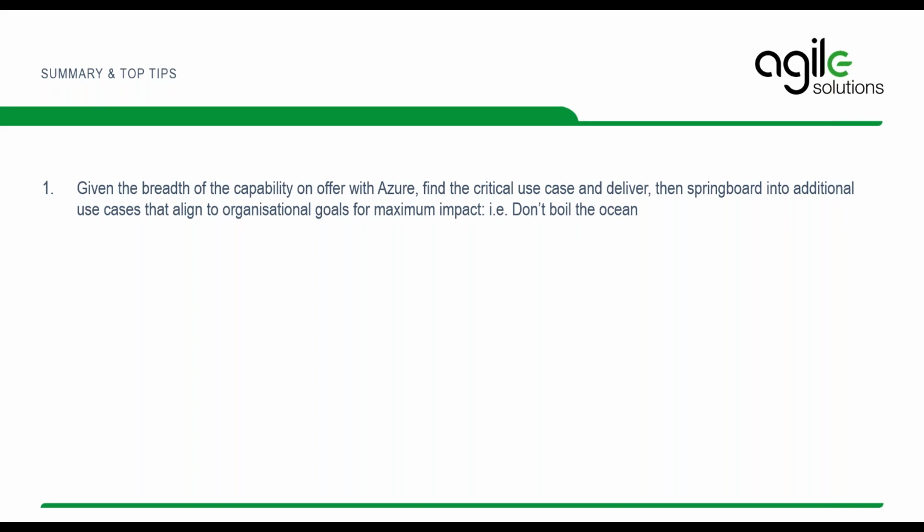It's critical to focus on the scope of the high value use cases and to maintain that focus through to production. And then once that's done, you can look at adding extra use cases and look at downstream phases or downstream projects.